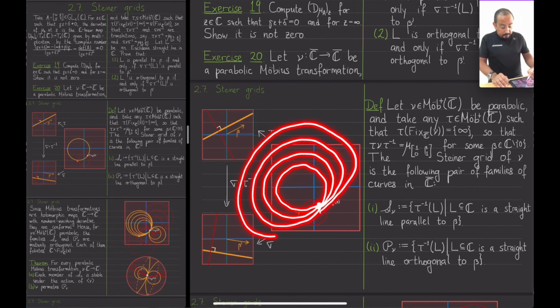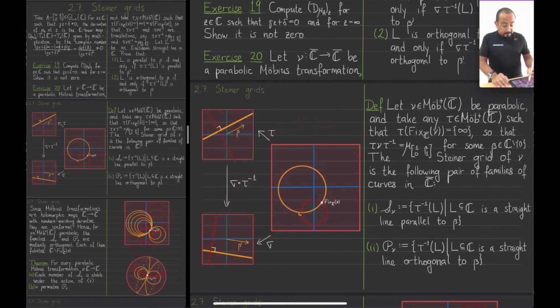Okay, and the thing is, since I'm saying, okay, do this for tau and for beta, which is the translation vector of tau inverse, and then you can say, okay, but how about if I want to use sigma and beta prime, which is the translation vector of sigma inverse?